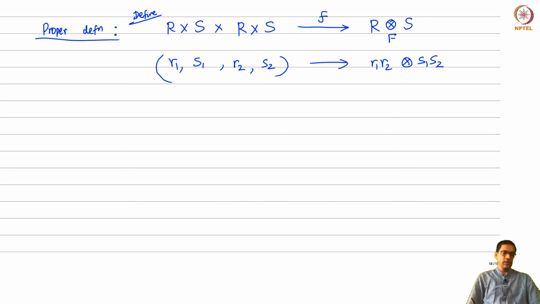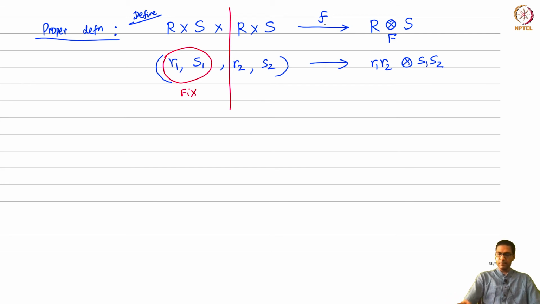Now the key point here is we need to get the correct bilinearity and so on. So to do that, let's fix R1 and S1. You fix these two components. Think of it only as a map from R cross S to R tensor S.